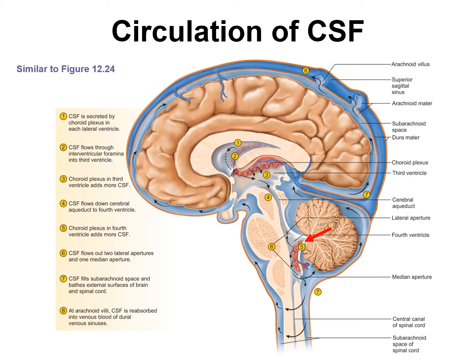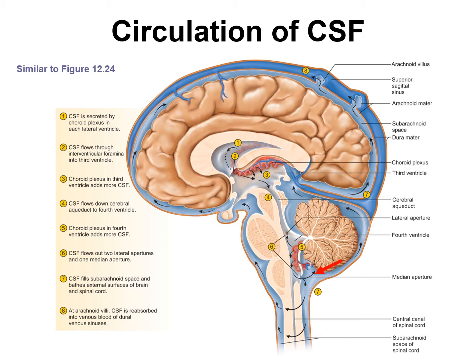In the fourth ventricle, there is an additional choroid plexus that adds additional cerebral spinal fluid. It is at that point that the cerebral spinal fluid leaves the ventricles, or the fourth ventricle, and enters the subarachnoid space through the lateral apertures and one median aperture.